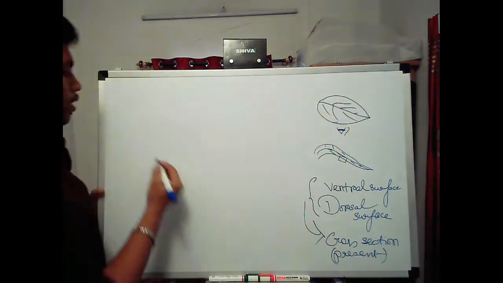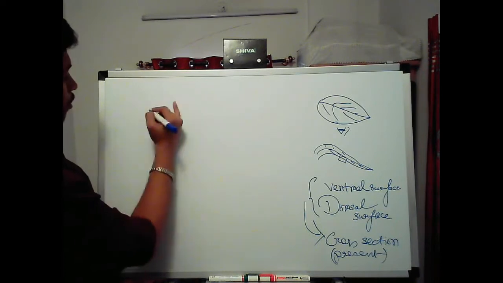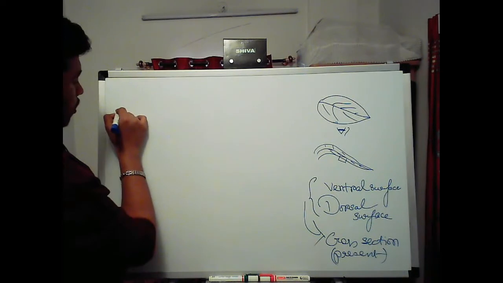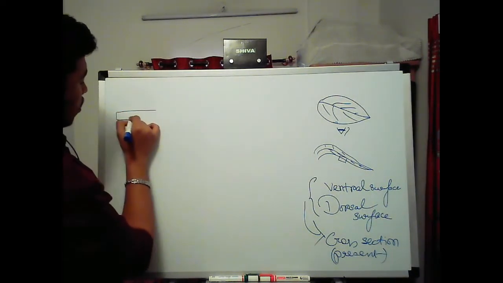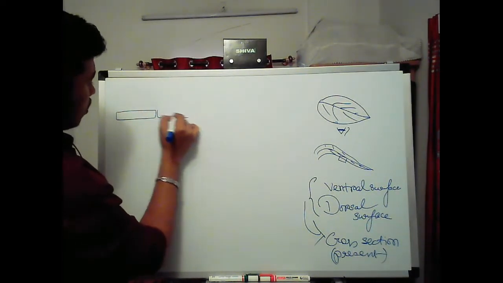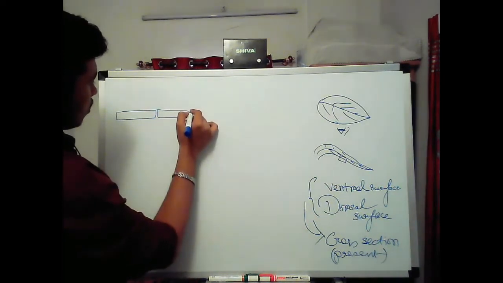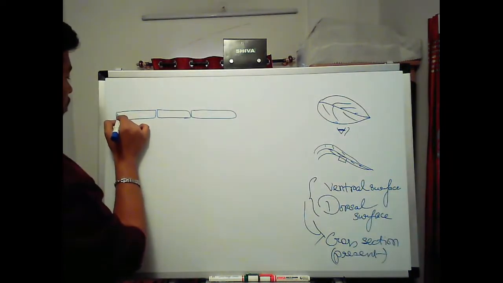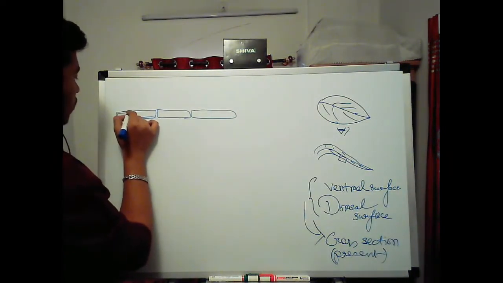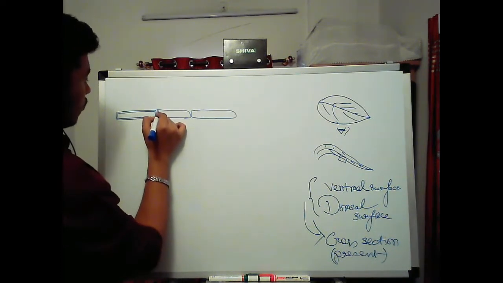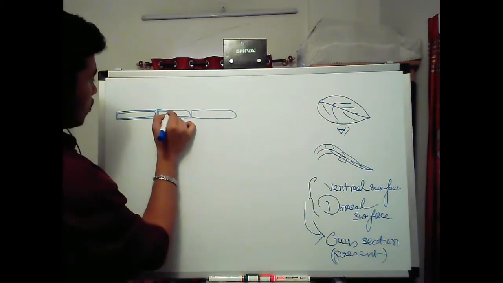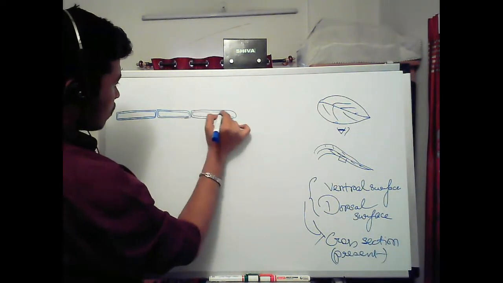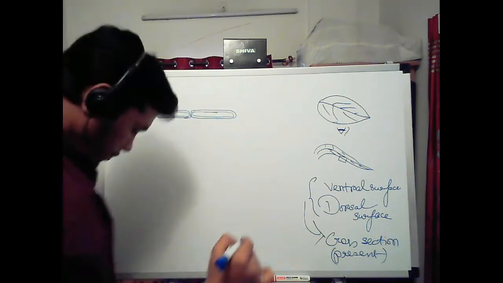Okay, now let's draw it. What will we see over here? First we are going to see leaf cells, cells of the plants, with their cell walls. I hope the cell walls are visible. It should be because it's a pretty huge diagram, right?